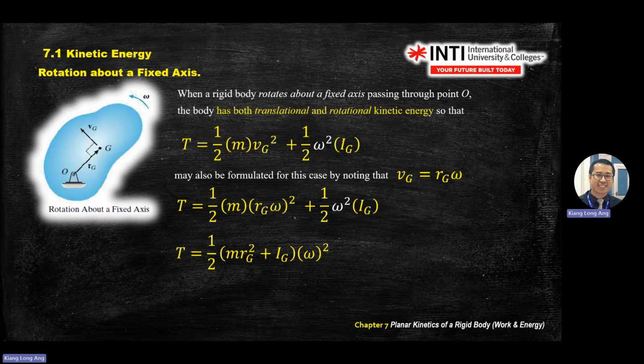It depends on what you want to solve. This is just one of the solutions. When the question gives you omega, and does not give you velocity, straight away you use this one. If the question gives you v, you need to find omega, then you use the other one.